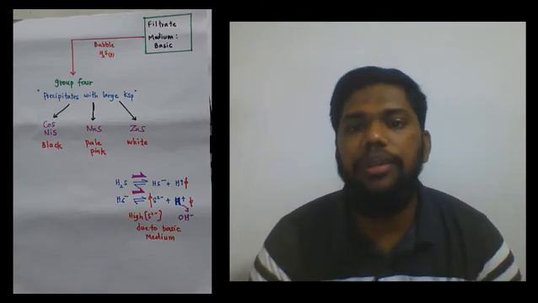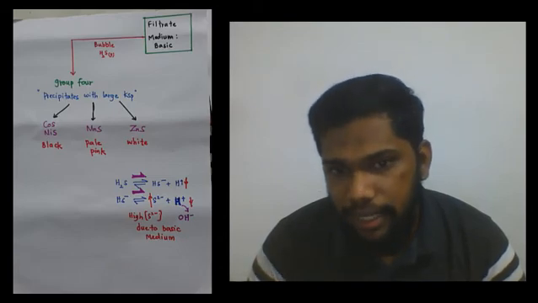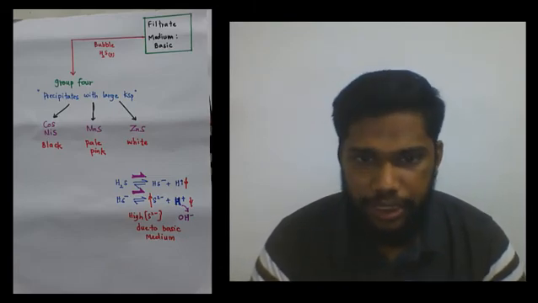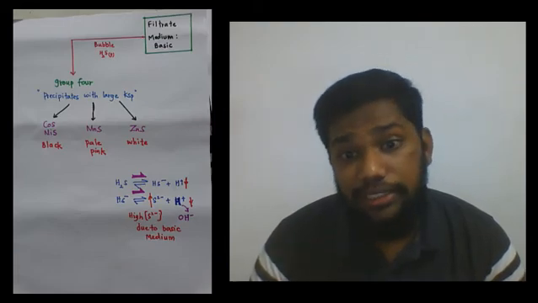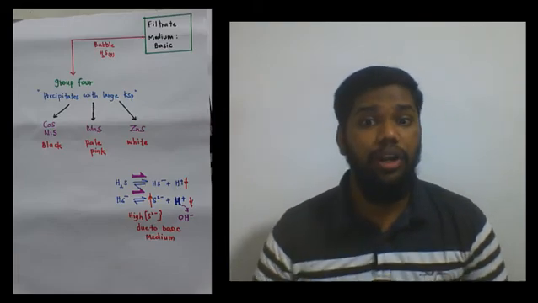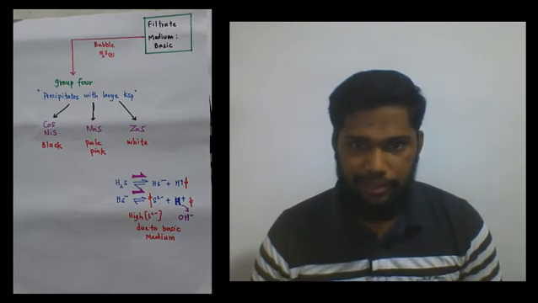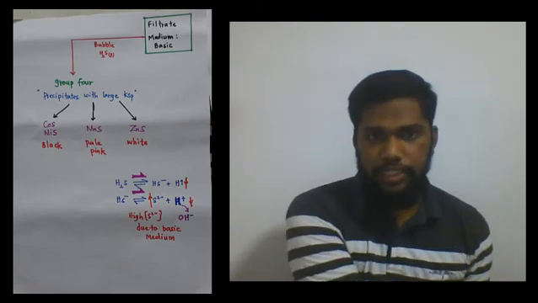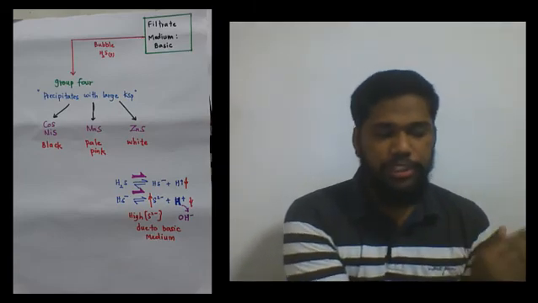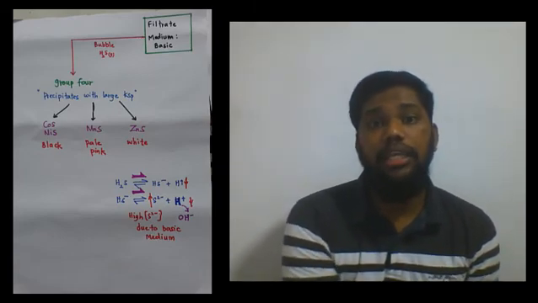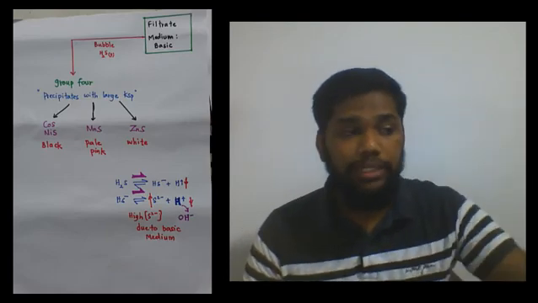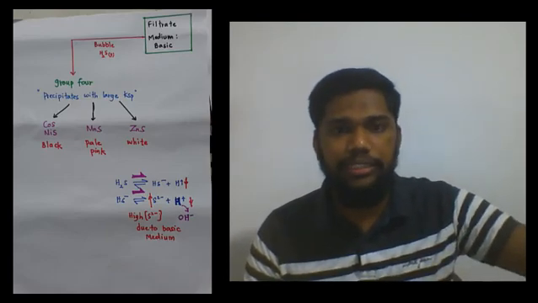So this equilibrium will be shifted towards the right hand side, and you will have a high concentration of S2 minus in the solution. And if you have a high concentration of S2 minus, you need to understand what it is. Now if some precipitate is formed, those precipitates should have high Ksp values, because in group 2 you had some precipitates when H2S gas is added.